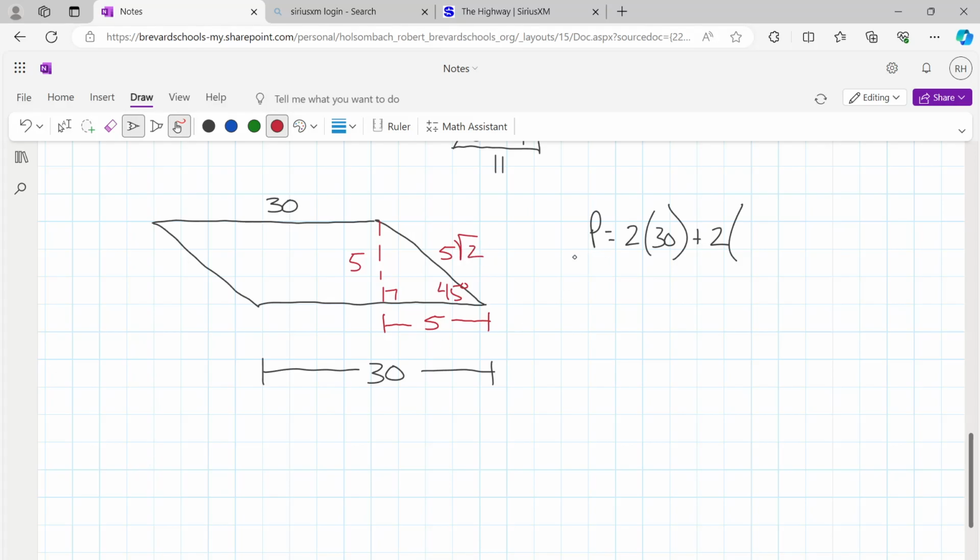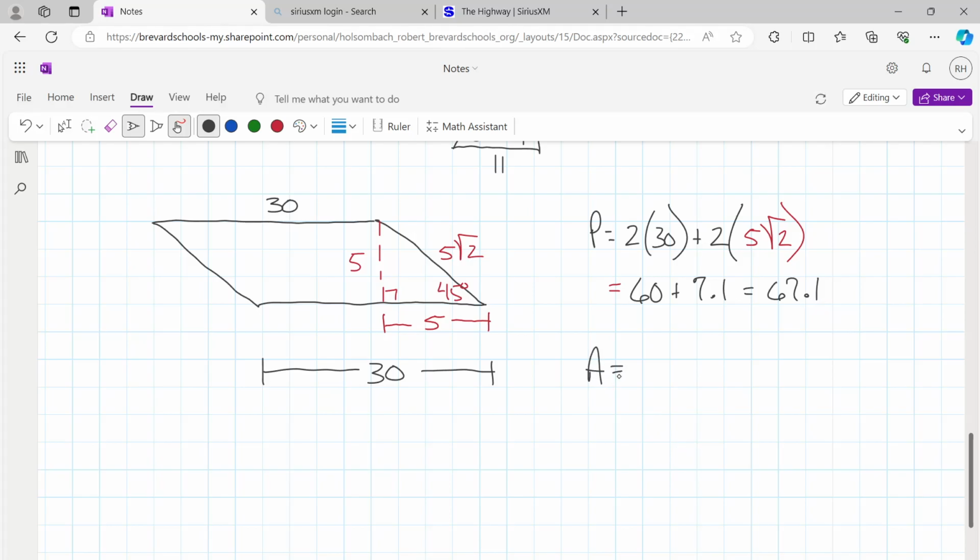For the perimeter, we got 2 times 30 plus 2 times 5 radical 2. So 2 times 30 is 60, plus 2 times 5 times the square root of 2, which is 7.1. So the perimeter is 67.1.